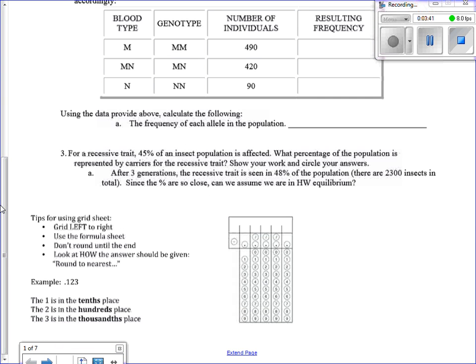Grid left to right. So how am I going to do that? 428.85. Okay, so whole number. No, it rounds up. Well, what's the total number? 428.85.